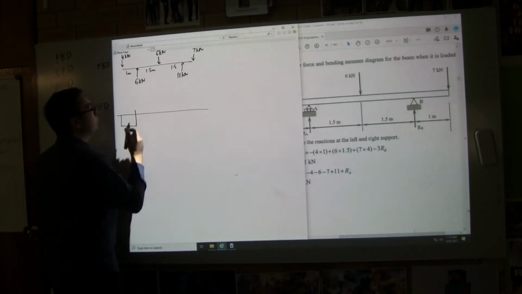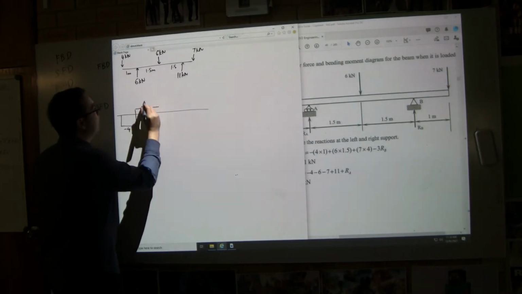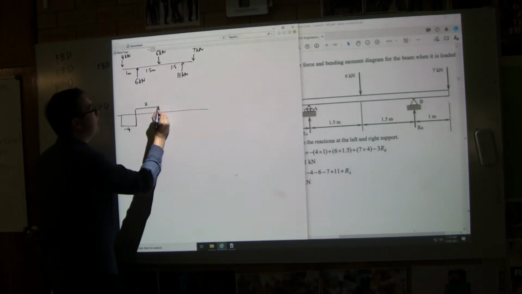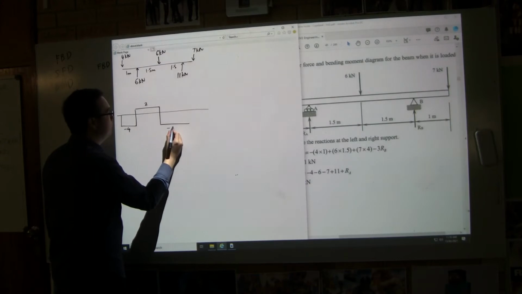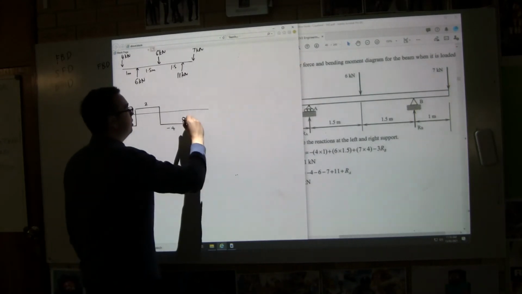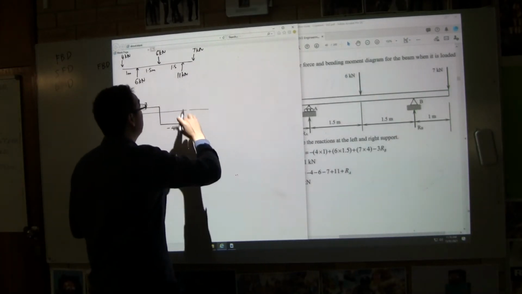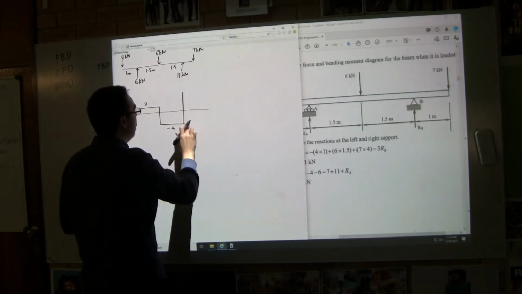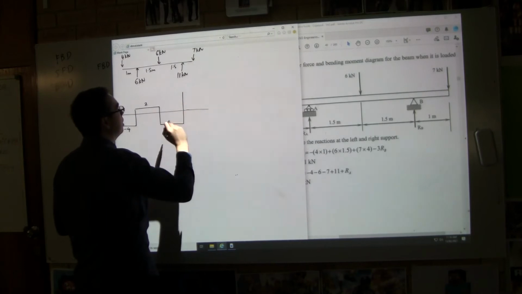Okay, positive 2. Then the shear force diagram kept on walking. How far is it going to walk? 1.5 meters. Okay, so we said it was at 2. And then something scary happened and it went down again to -4, back where it started. It's like a roller coaster for this shear force diagram. Then what happened? It went up 11. I want to try and get my forces to line up. Okay, so -4 plus 11 is what? 7.